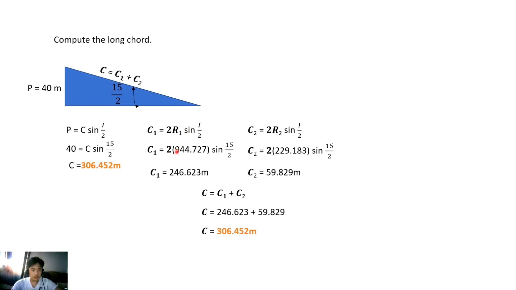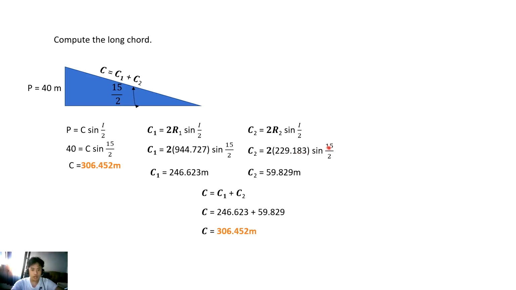So, para makuha naman natin yung C1, so, 2 R1 sin I over 2. So, substitute lang natin. Ang R1 natin ay 944.727 times sin I over 2. So, 15 over 2. Then, we'll get 246.623 meters. Then, para naman sa C2, 2 R2 sin I over 2. So, substitute natin yung R2, 229.183.